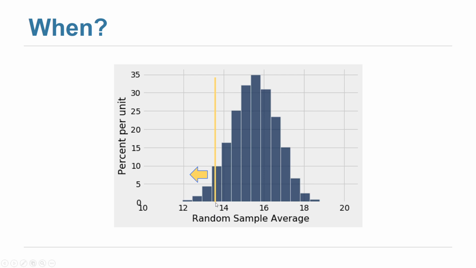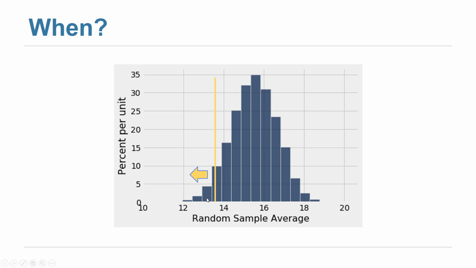So if the observed value came beyond that line, below that line, then the test will favor the alternative hypothesis, right?